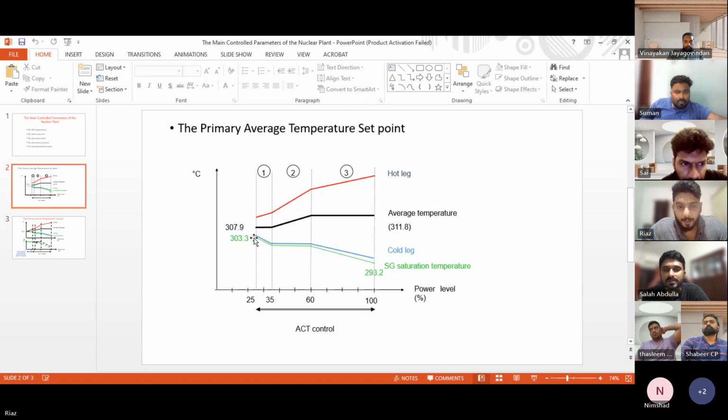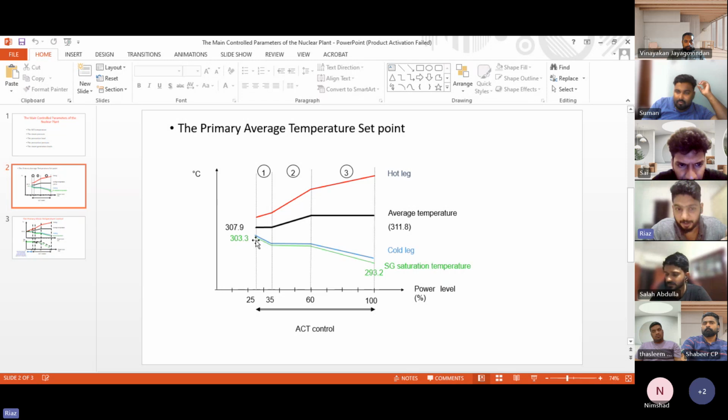The starting temperature inside the reactor core, the cold leg, will be 303, and the pressure will be 90 bar. On the secondary side, it should be 90 bar, and the temperature is 303.